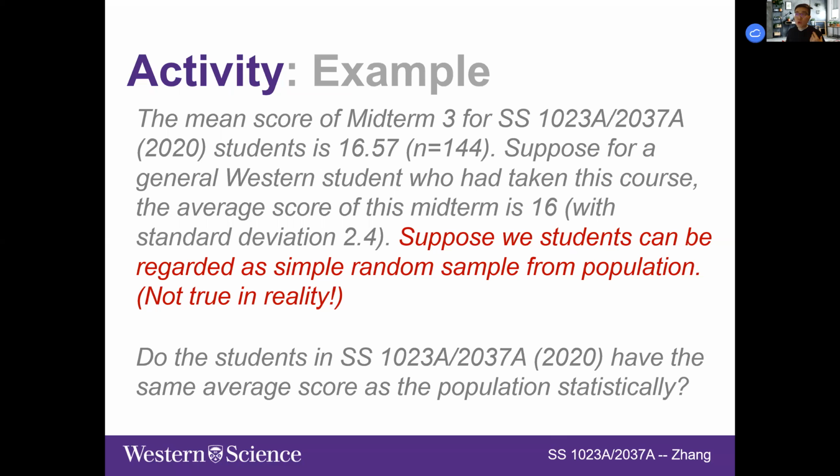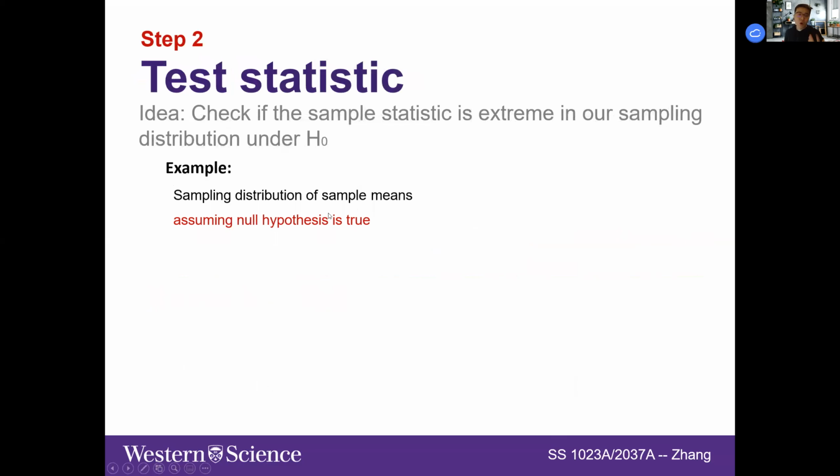And then we look at the sample size. Our sample size is actually quite large. It's 144. So in that case, we can approximately regard our sampling distribution as following a normal distribution. And remember, no matter what type of distribution we have, the mean and the standard deviation of the sampling distribution are always the same.